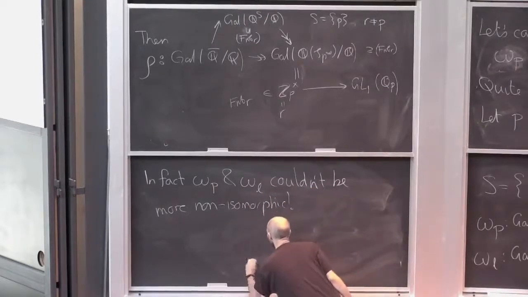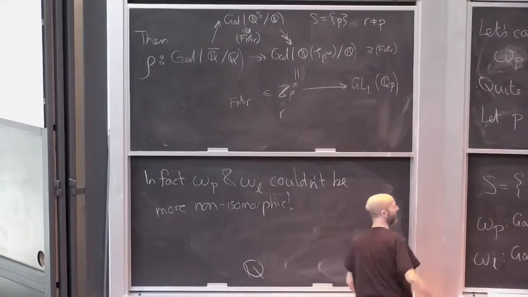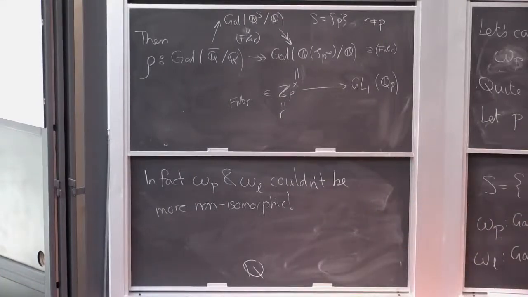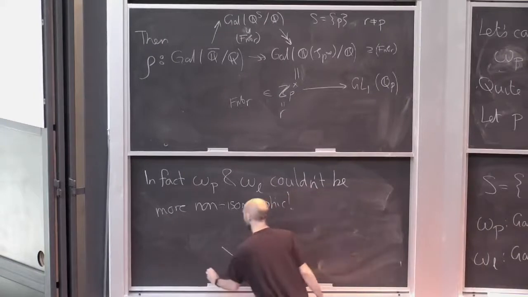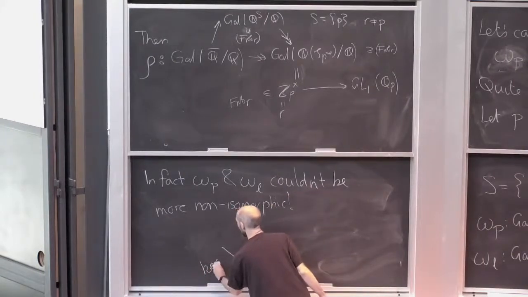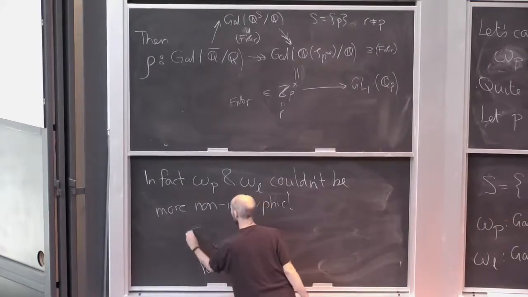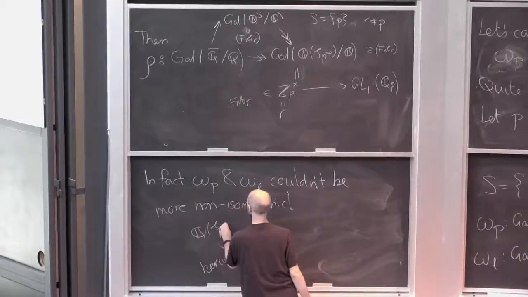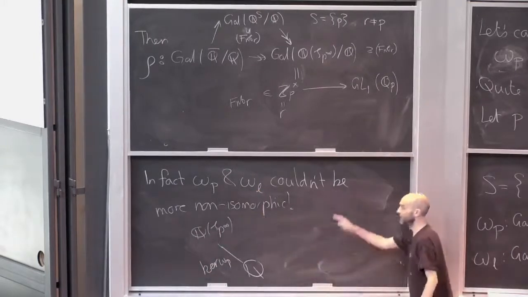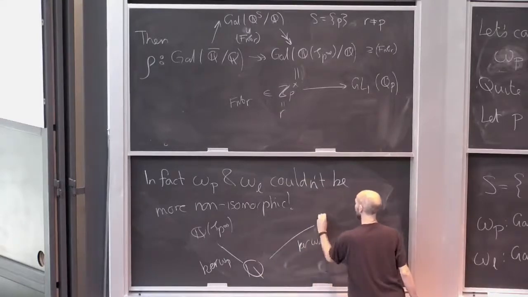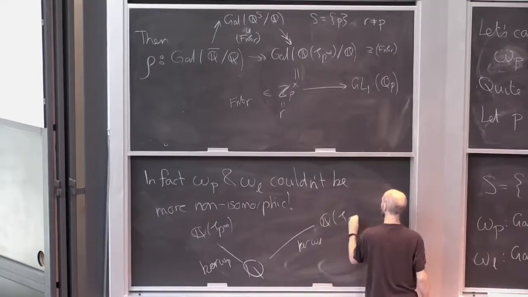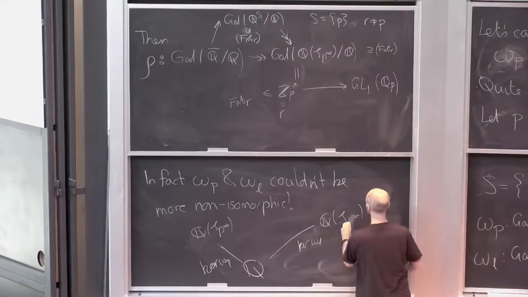Here's Q. By Galois theory, you have the kernel of a representation. The kernel of a representation is Gal Q bar over L, where L is some random field here, right? So this is the kernel. The kernel of omega p is somehow Q zeta p to the infinity, unramified away from p, totally ramified at p. And here's the kernel of omega L. This is Q zeta L to the infinity, right?